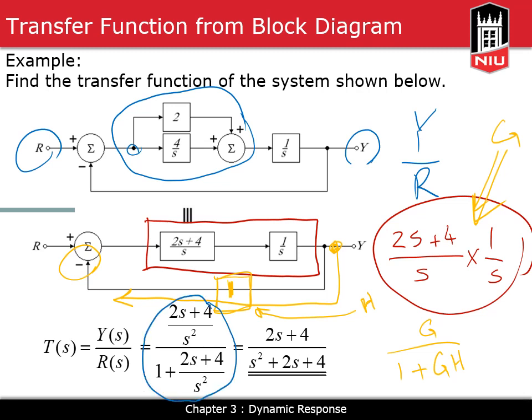What you can do to simplify this, and you should do that, is to look at the bottom, do a common denominator at the bottom. So we will get s squared plus 2s plus 4 over s squared at the bottom. And then you see the top and the bottom will both have s squared in their denominators. So we can cancel that s squared and come up with the final transfer function, 2s plus 4 over s squared plus 2s plus 4. That is the transfer function from input R to output Y, is what we were looking for.